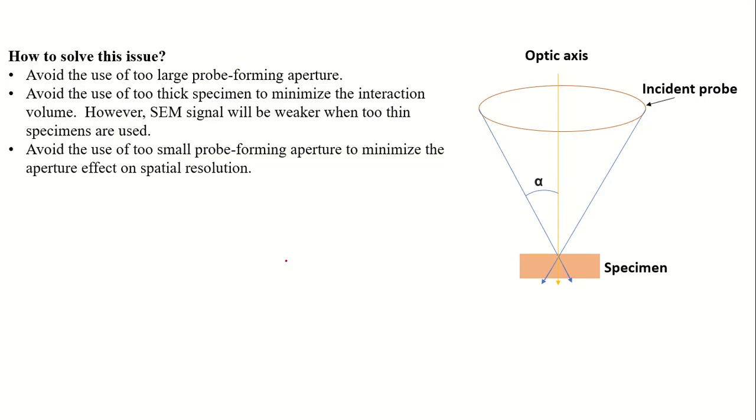Here it is clear that the interaction volume is larger when the semi-convergence angle of the SEM probe is larger. Here you can see this is the semi-convergence angle, and this is our incident probe, and this is the optical axis. The electron beam is coming from the aperture and strikes the specimen.